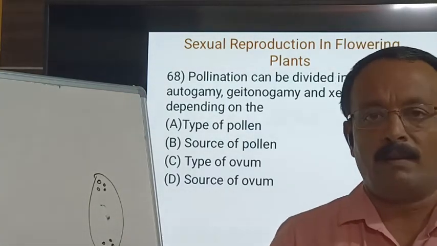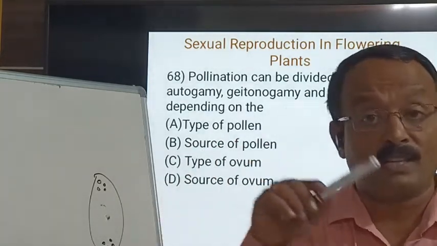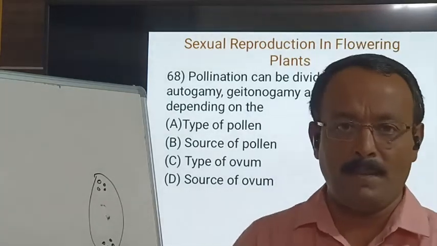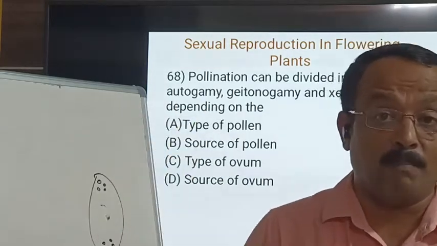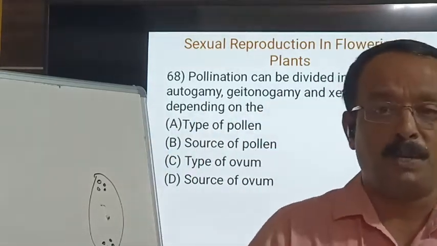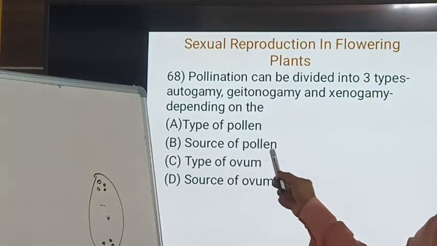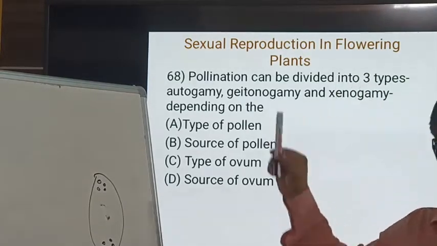If the pollen from an anther of a flower sheds on the stigma of another flower borne on the same plant, it is called geitonogamy. If the pollen from one plant sheds on the stigma of another plant belonging to the same species, it is called xenogamy. So, based on the source of the pollen, we divide the pollination into 3 types.